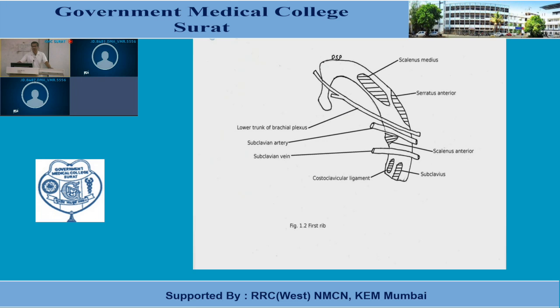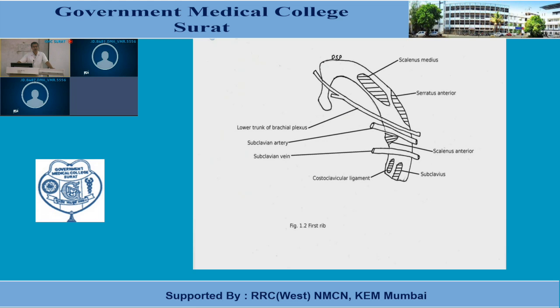The first rib is small, short and flat. You can see there are no features visible in this first rib, unlike in typical ribs. It is simple, flat, small and short, and it shows two ends, anterior and posterior.